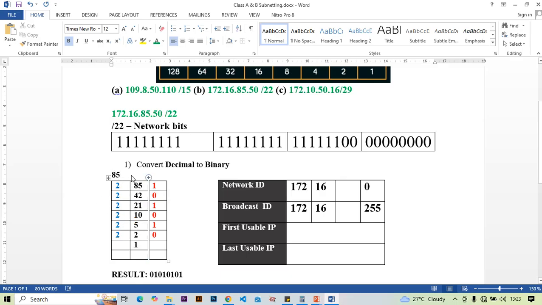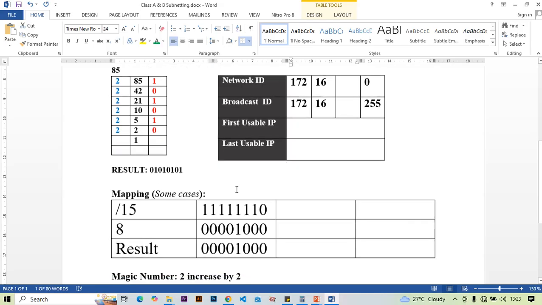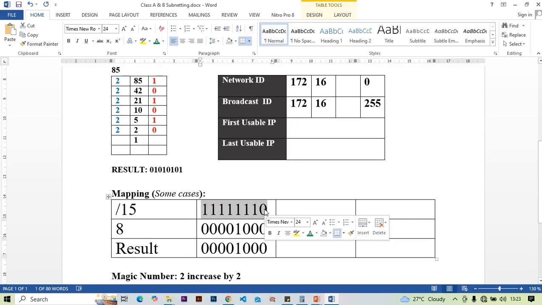Now the value we have gotten here, we shall have to map it. We shall have to map our /22 onto this value here. So that means the value for /22 in this octet here, we shall pick this value because that's our major octet we're working with. We transfer it down here. This is /22.